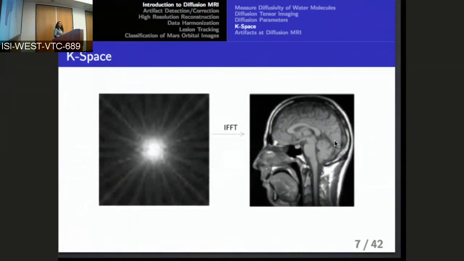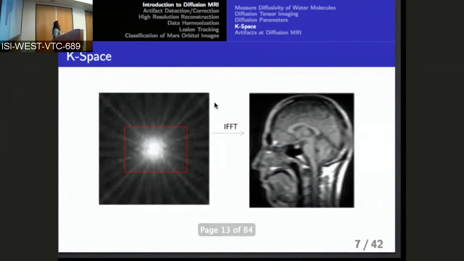On the scanner, what we collect are measurements in Fourier space, which in the diffusion community is known as k-space. So we have some measurements in k-space, which is an equivalent term to Fourier space, and then we apply the inverse Fourier transform to reconstruct the image.